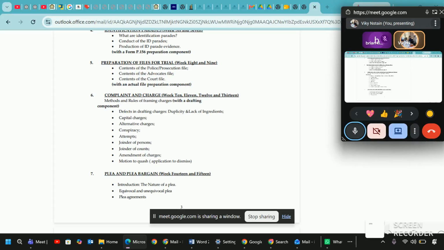Capital charges attract death penalty offenses or lifetime imprisonment and must be framed with strict ingredient and particular alignments and procedural. They are tried on an information in the High Court. Any formal defect must be raised immediately on plea and the court can amend or quash the information.